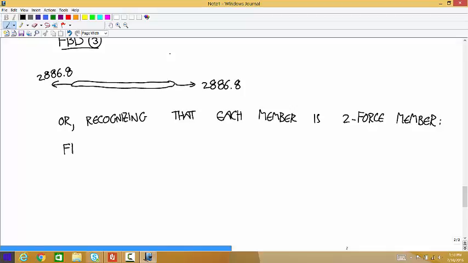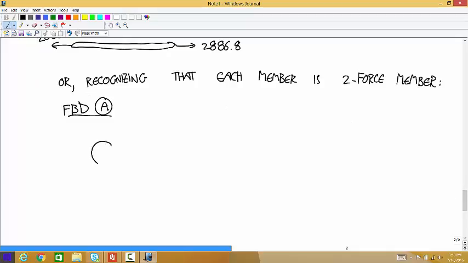So the free body diagram of A, there's a force this way of F1, a force this way of F3, and a force vector of RA.